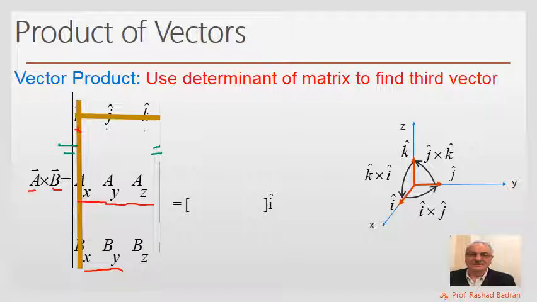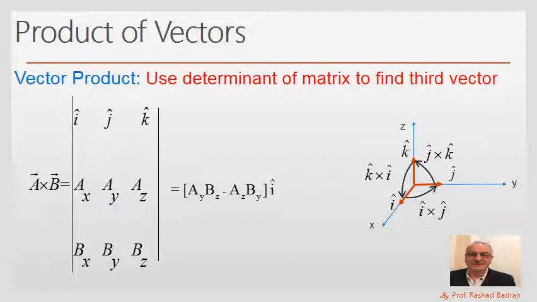This cofactor is simply the product of ay and bz minus the product of az and by. This is the first component of the third vector, the x component.